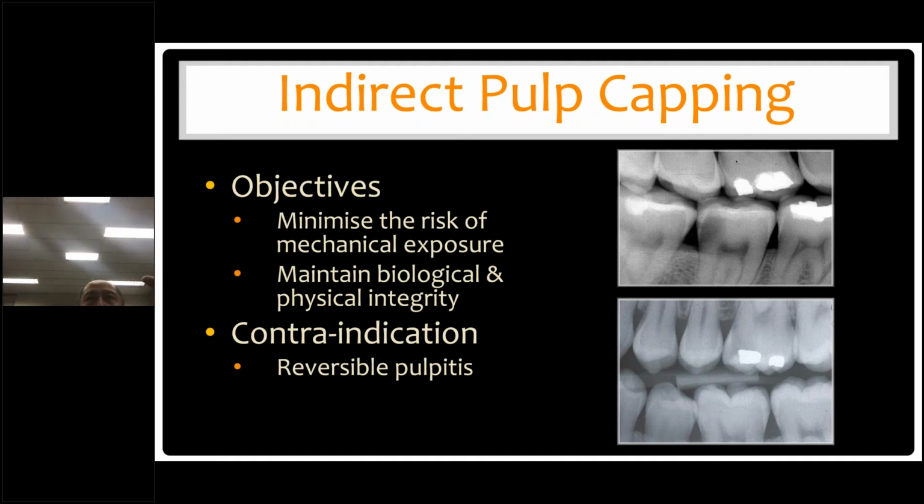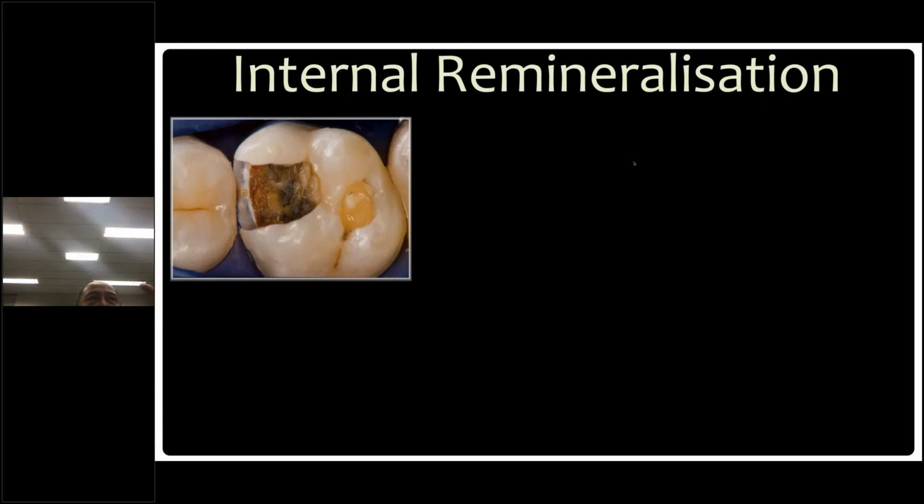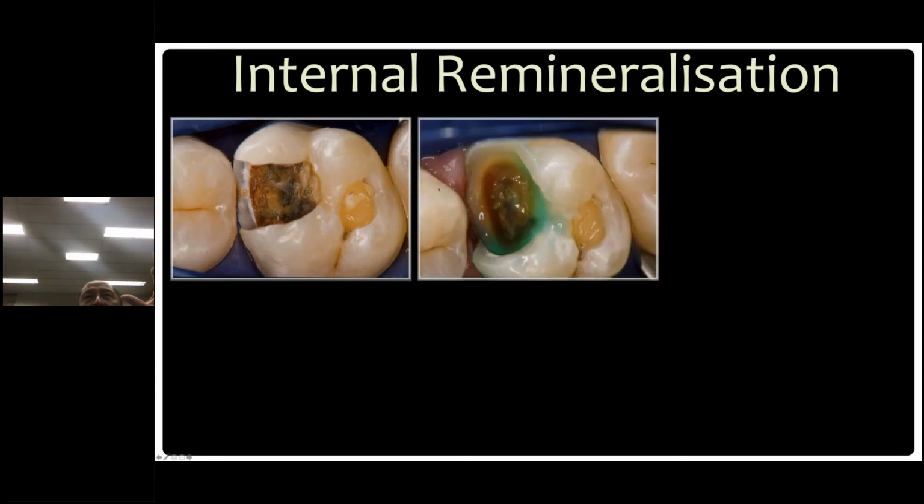I would go in and use a round burr running very slowly, a number 3 round burr, to remove as much of the loose debris as I can without any risk of pulp exposure.